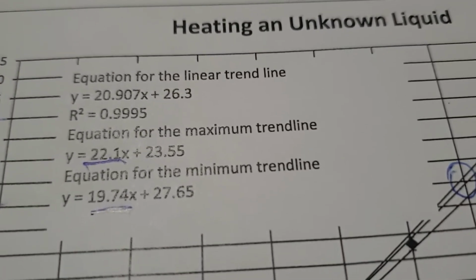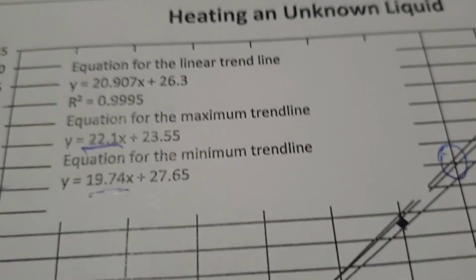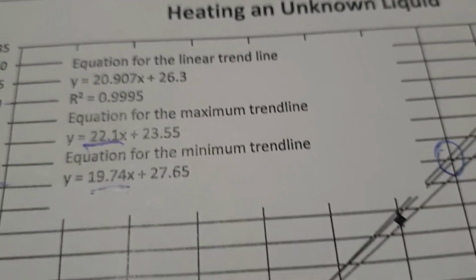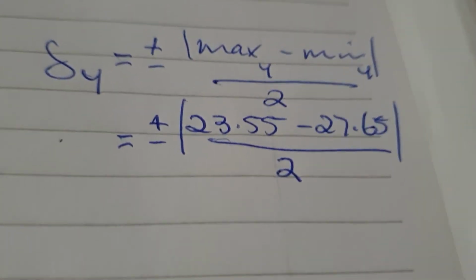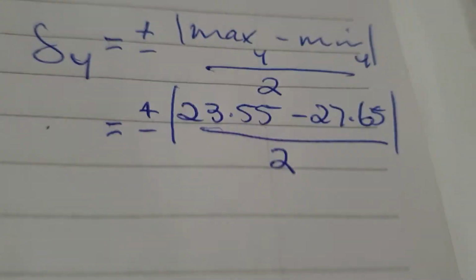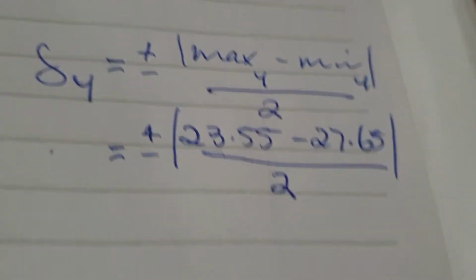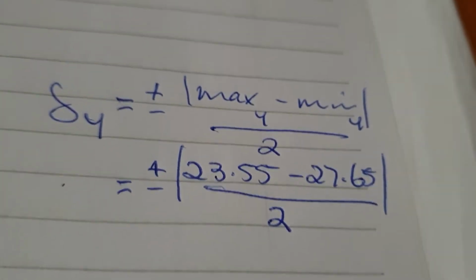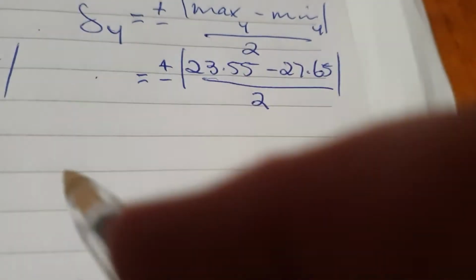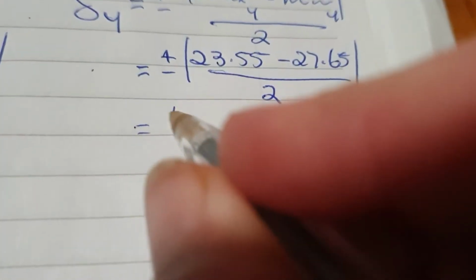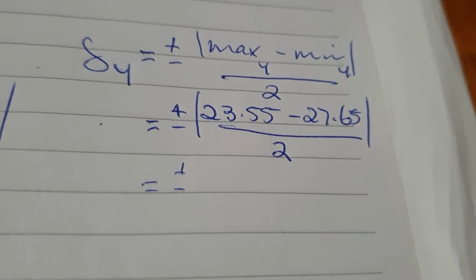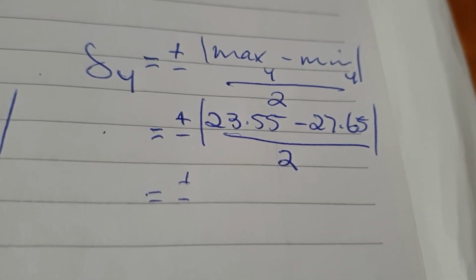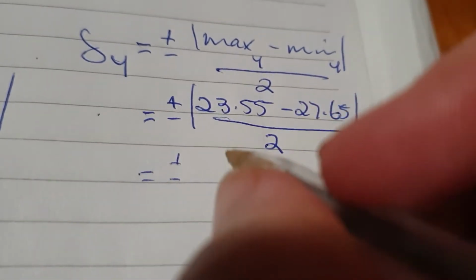It's absolute value, so it doesn't matter that the max is smaller than the min, and divide by 2. So we've got 23.55 minus 27.65 is negative 4.1. We are not worried about the negative because we've got that covered with the plus or minus out the front there. Got to divide that by 2 though. So 2.05.